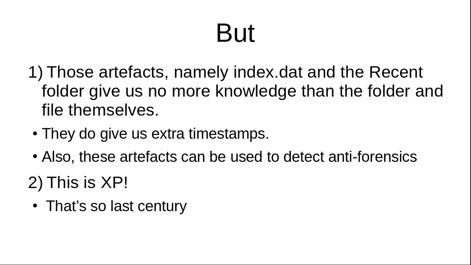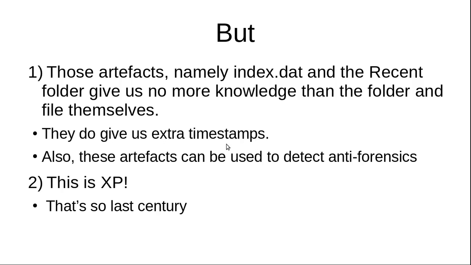But you might say those artifacts, namely index.dat and the recent folder, gave us no more knowledge than the folder and the file themselves. And that is nearly true. With the folder, you had the last modify time, so you know when it was created, and the file itself had a last modify time, so you know when that was last modified. However, the artifacts do give us extra timestamps.